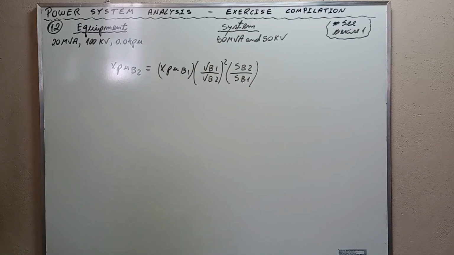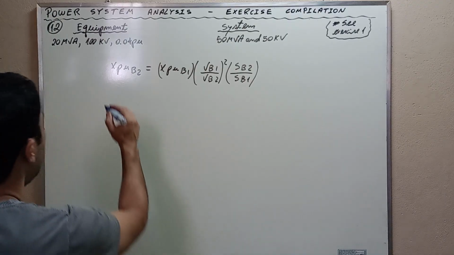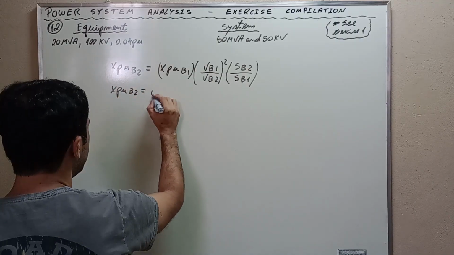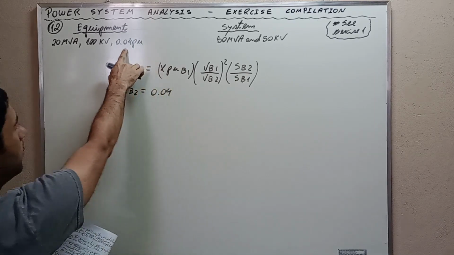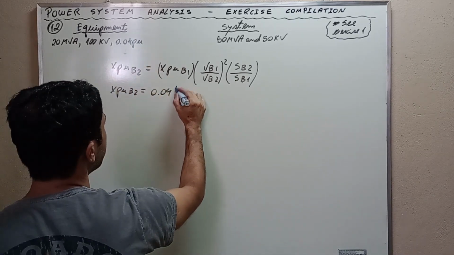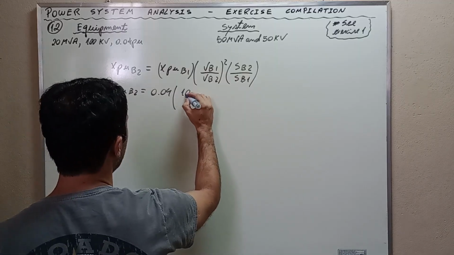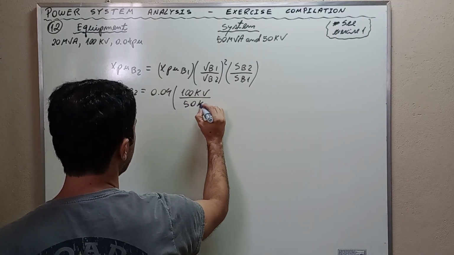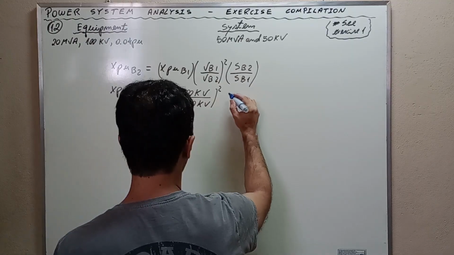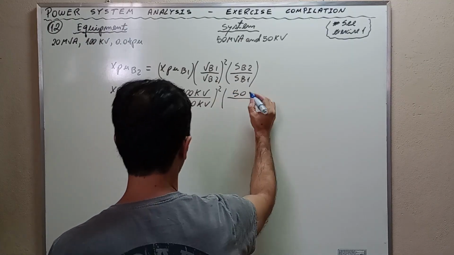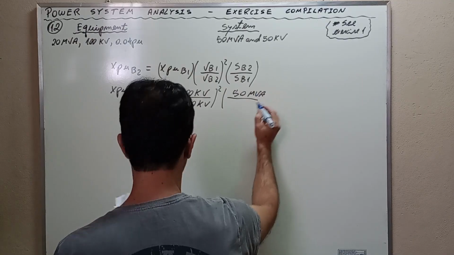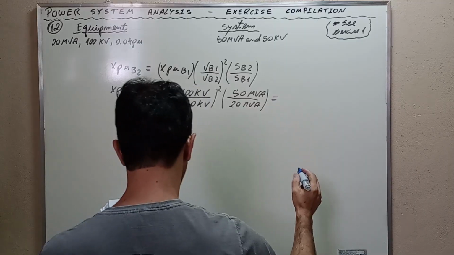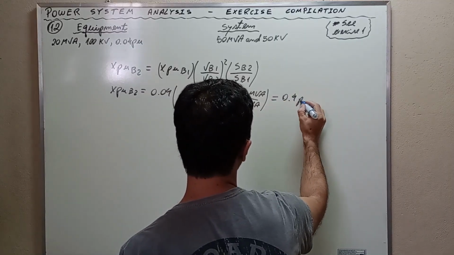Using the values provided by the exercise, we find that X pu B2 is equal to 0.04, the old value, times (100 kV divided by 50 kV) squared times 50 MVA divided by 20 MVA, and this is equal to 0.4 pu.